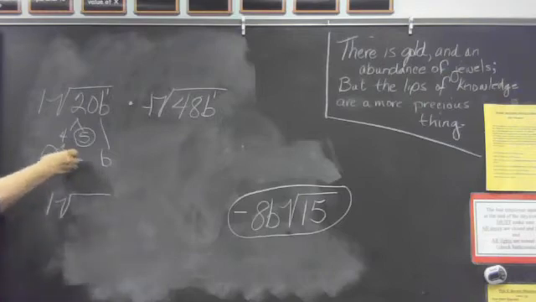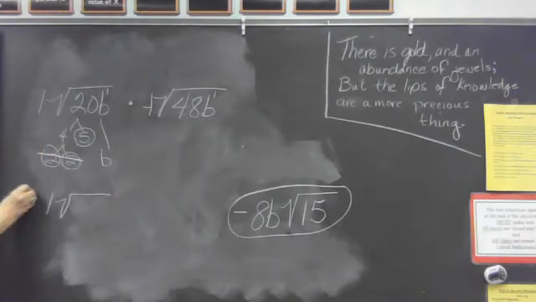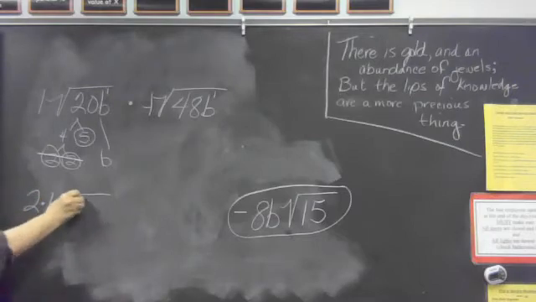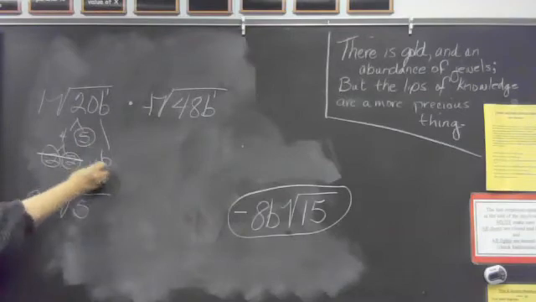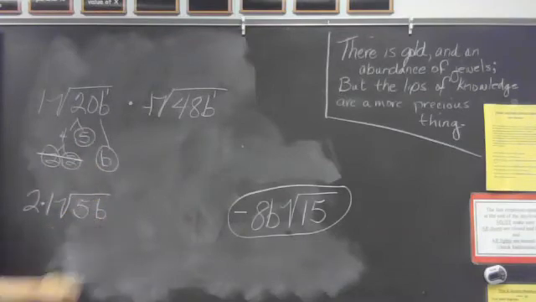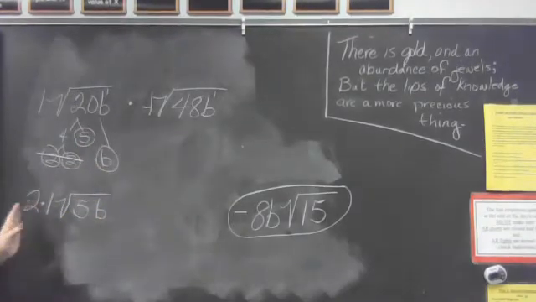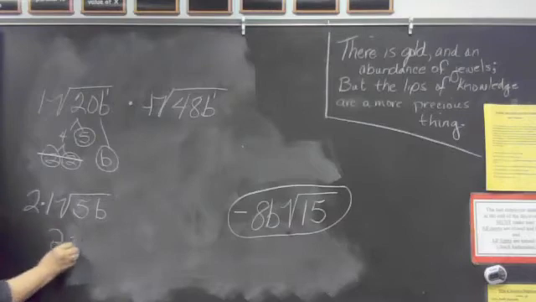And I have a 2 group that gets to come out. And the 5 has to stay in. And the B has to stay in because he doesn't have a group. So now we have 2 square roots of 5B. Do you see it? So 2 square roots of 5B, which was easier there.